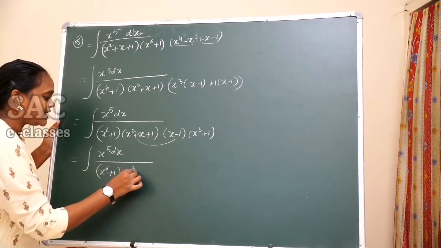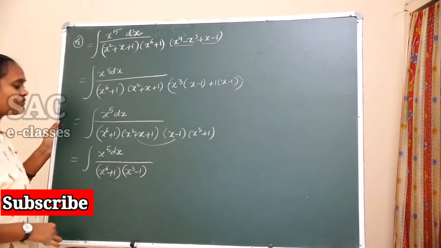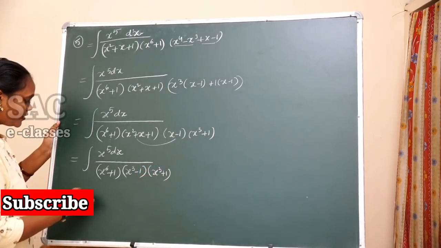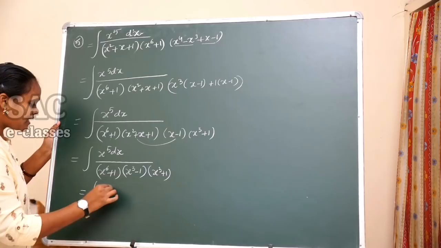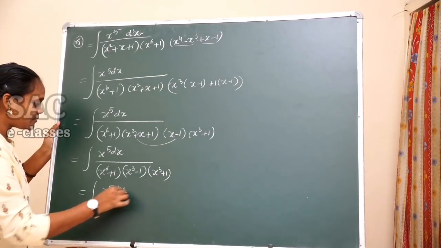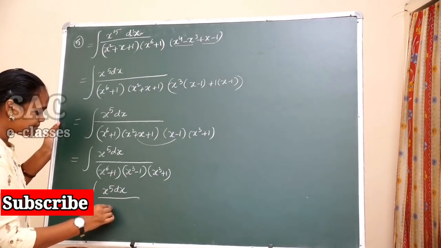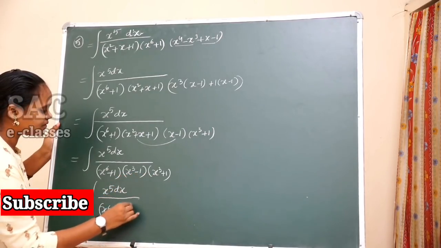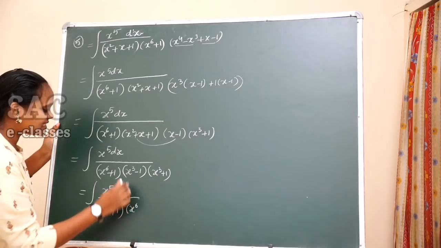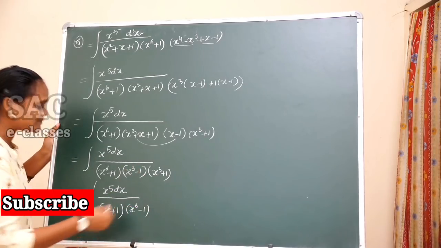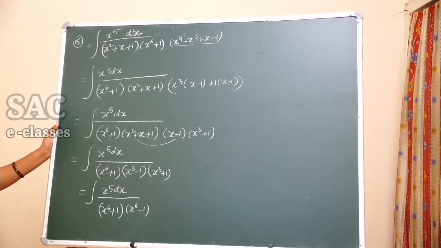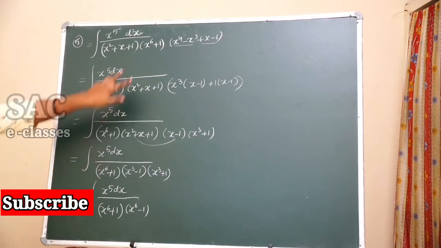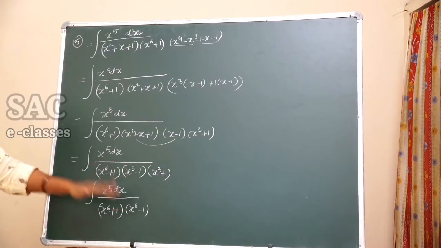So it is clearly x cube minus 1 into x cube plus 1. It is looking like a minus b into a plus b, so you can write it as x cube whole square minus 1, so x power 6 minus 1. I hope you have understood in what way I have simplified these three factors into the two factors.